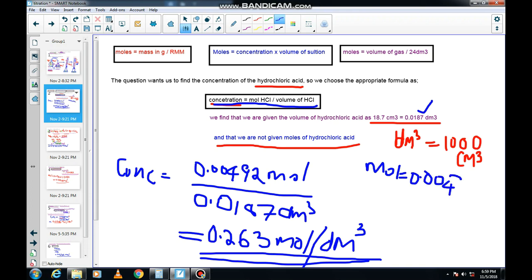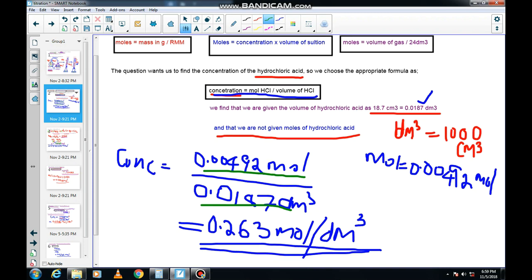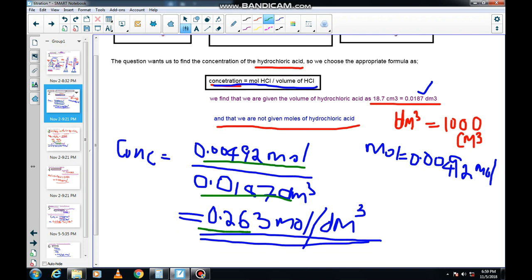Substitute into the equation. We've got the number of moles here, 0.00492, and the volume here, 0.0187 decimeter cubes, and that will give you an answer of 0.263 moles per decimeter cube. This is the answer that we are looking for, the concentration of the acid.